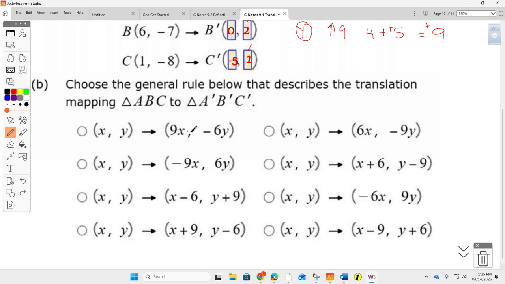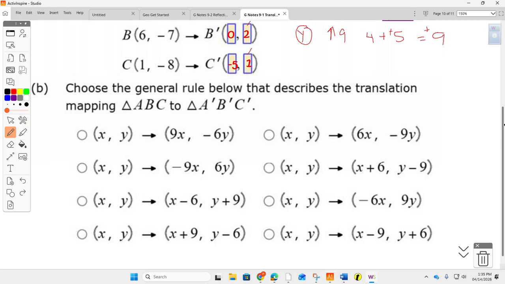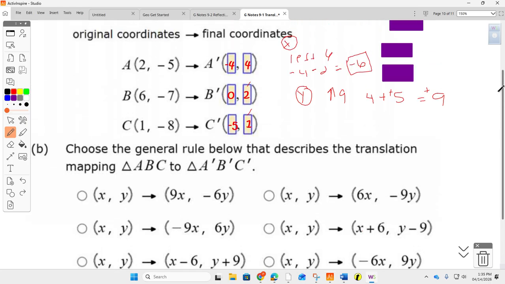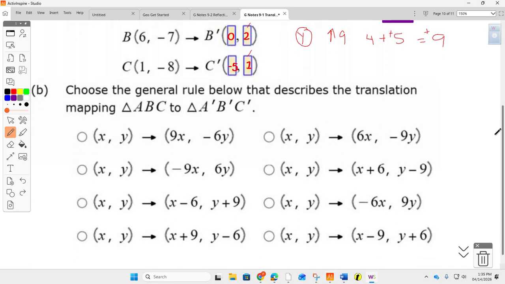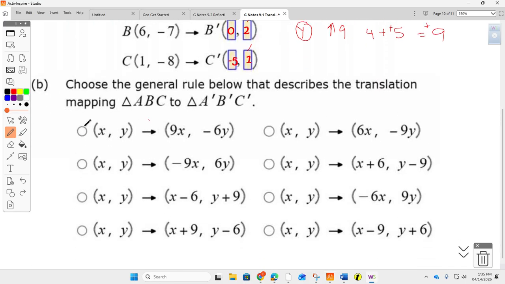This says we're multiplying our x's by 6. We're not multiplying anything. We're adding and subtracting to x and y, right? Here this says x plus 6. Did we add 6 to our x-coordinates? No. What did we do? Subtract 6. Okay, so that one's not going to work.